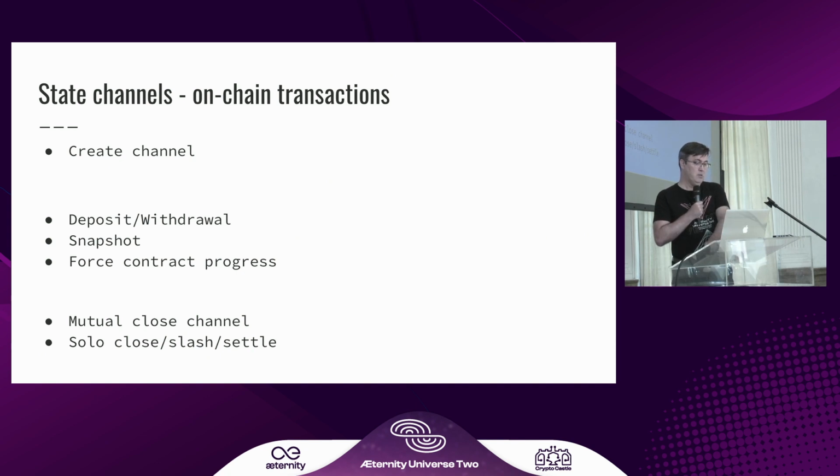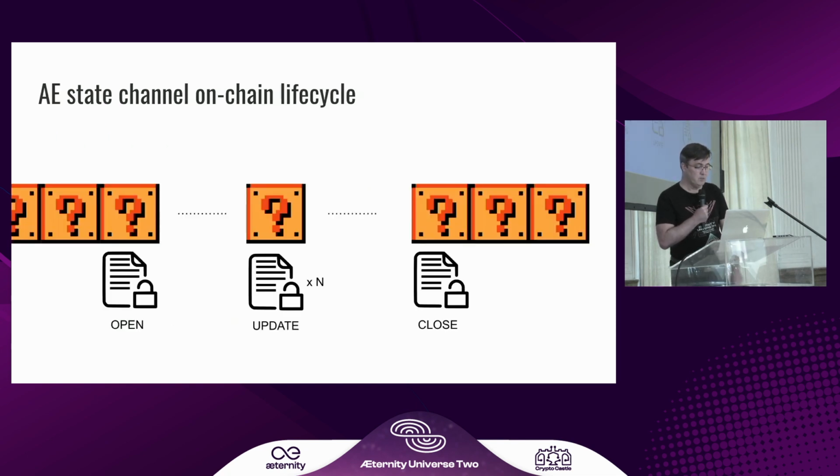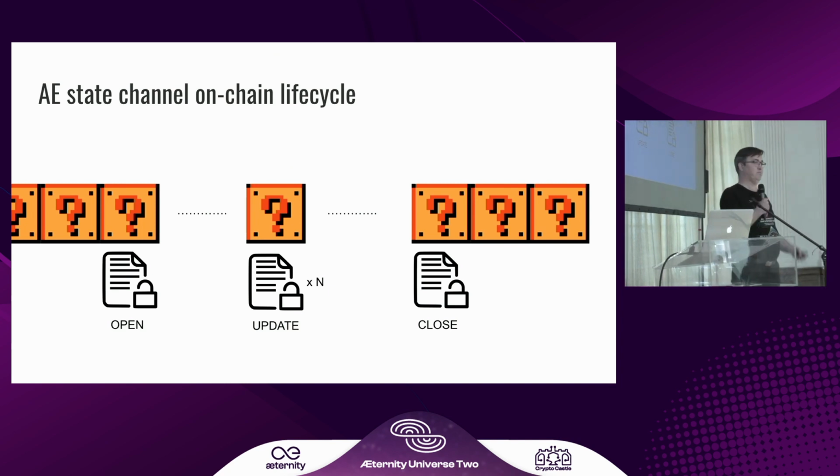So at a minimum, you have 2 on-chain transactions for a state channel. And then you may have some on-chain transactions during the life of a state channel. And a state channel can potentially live forever, almost.